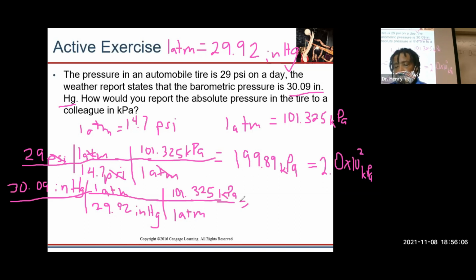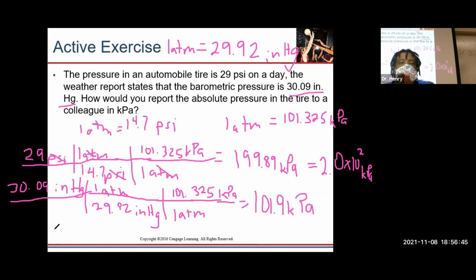How many sig figs are we looking for? Okay. So it's okay. Okay, so if we add those two together.